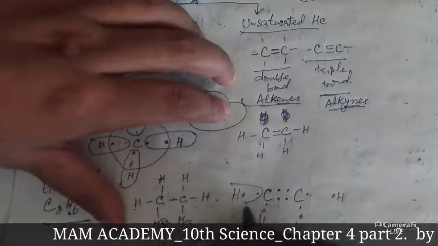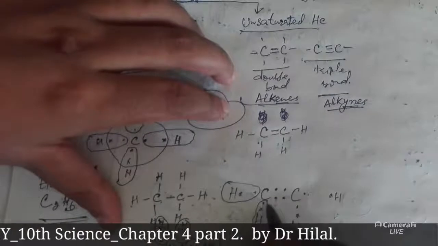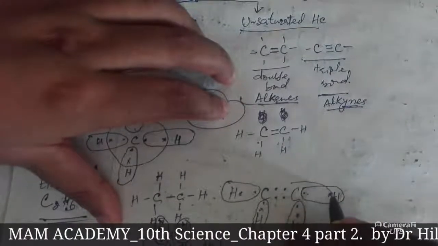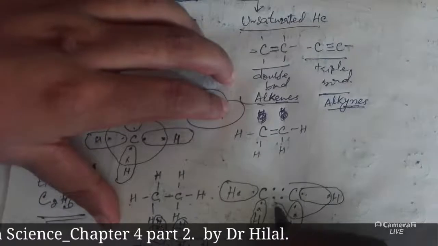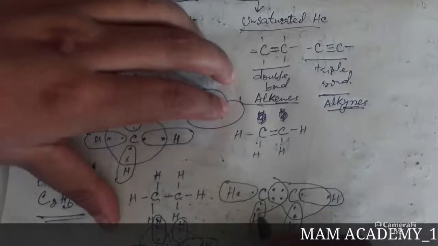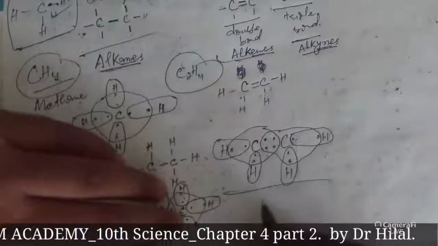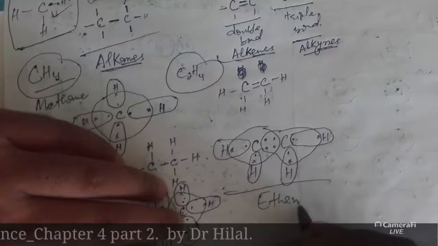So each hydrogen got its own electron. Here also we have the same. And each carbon, let us see the electron circle of this carbon. It will be like this. So this is the electron dot structure of ethene.